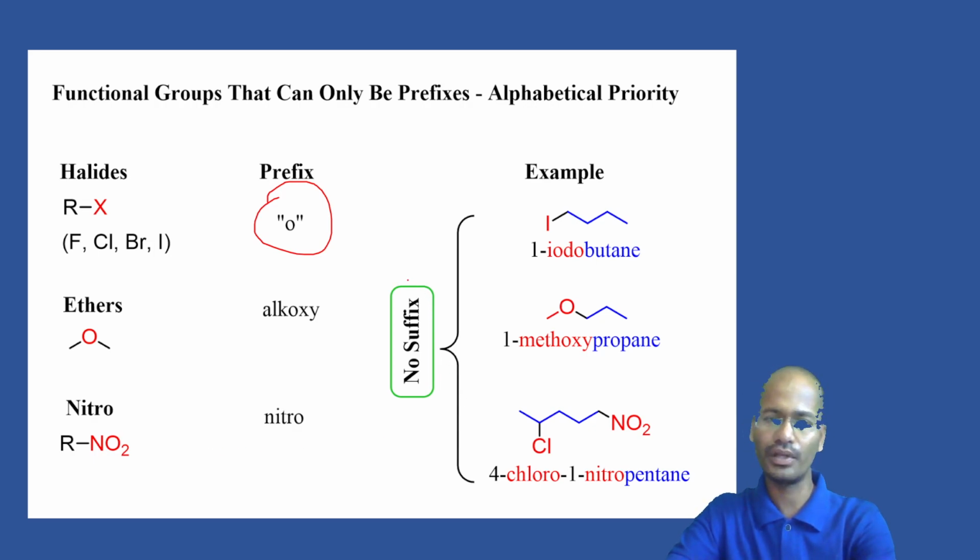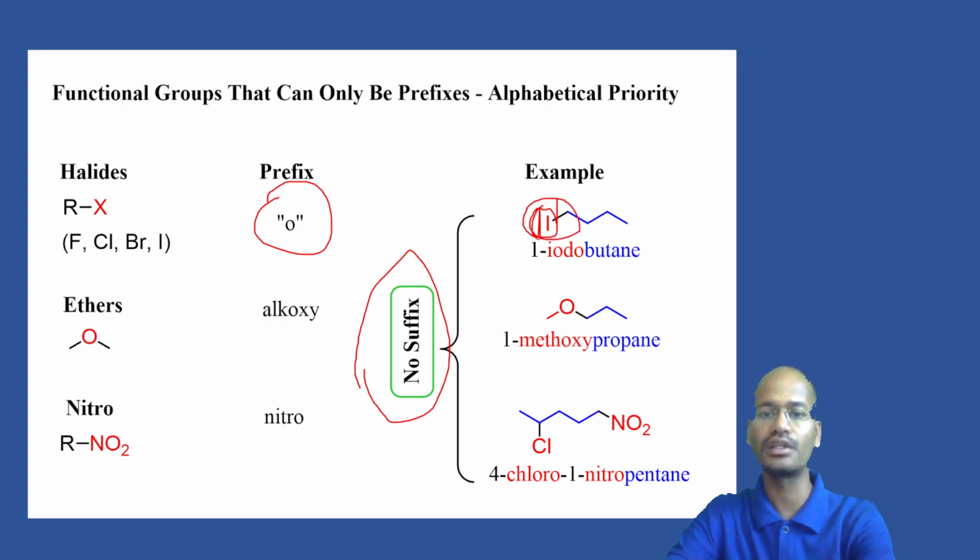And for example, these particular things will have no suffixes: halides, ethers, and the nitro group will not have suffixes. That is the reason why it was given no suffix, only prefixes. 1-iodobutane. Even though there is only one functional group present over here, it is called iodo as a prefix only. The same in the case of methoxy, that is an ether.